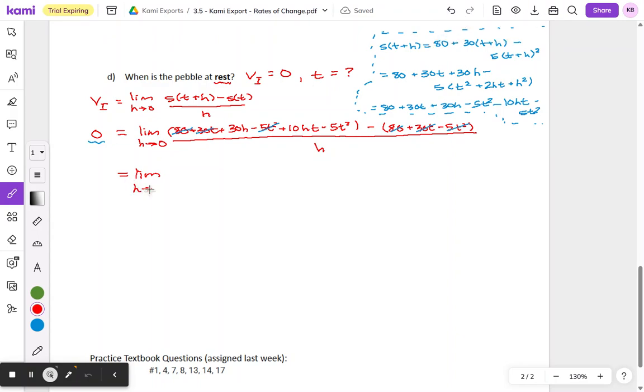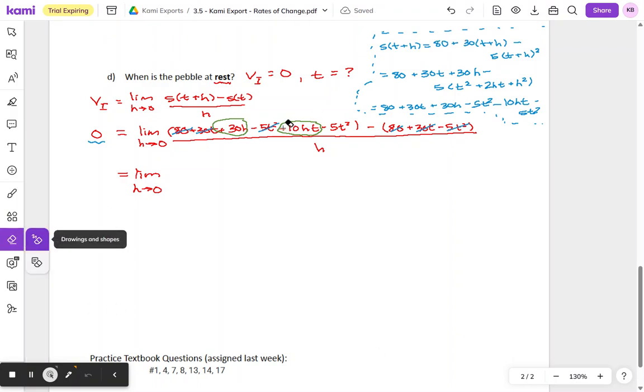If you look at what we have left, we have 30h, and then 10ht. Oh no, I copied that down wrong. It should be a minus. Please make sure you don't copy my mistake.